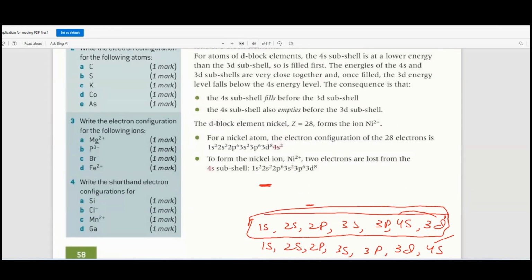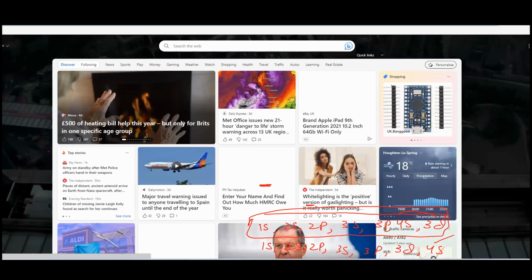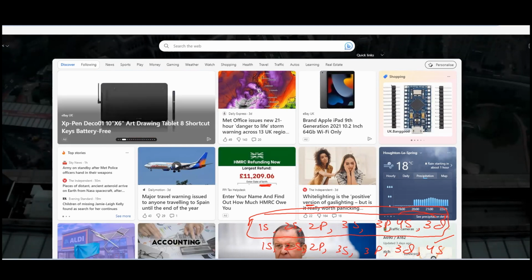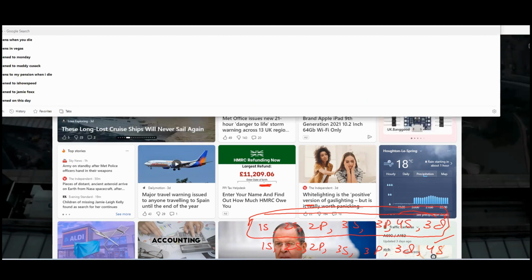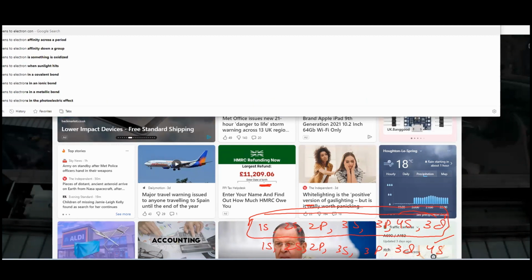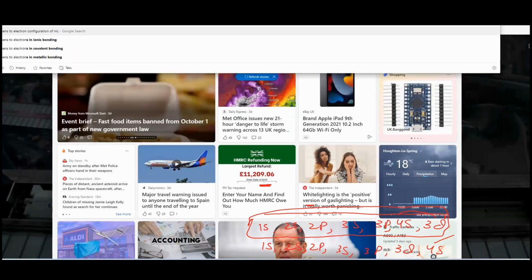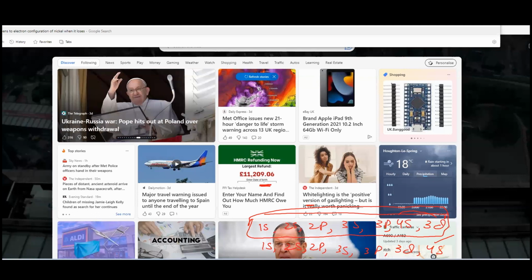Okay, let me just try to quickly Google it and see what Google has to say. It will be hard to even search such a question. What happens to the electron configuration of nickel when it loses one electron?